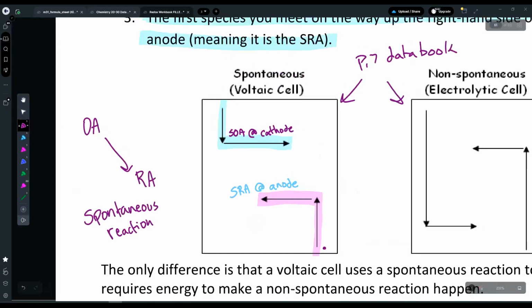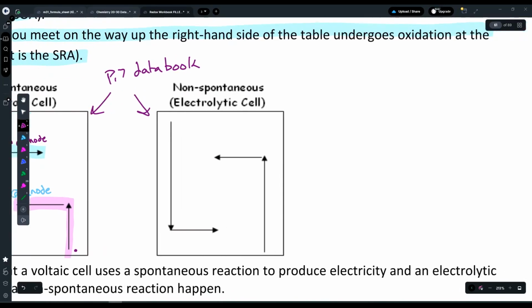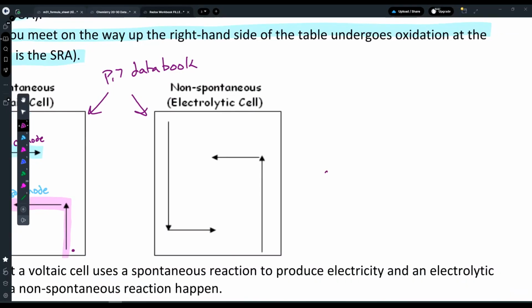that's going to be your SRA. Now for electrolytic cells that run on non-spontaneous reactions, this is going to be the difference. So now what we're going to have instead is our OA is going to be below our RA. Okay, so this results in a non-spontaneous reaction. So I'm abbreviating non-spontaneous just to non-spon.